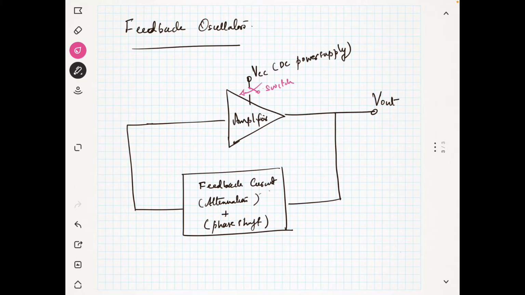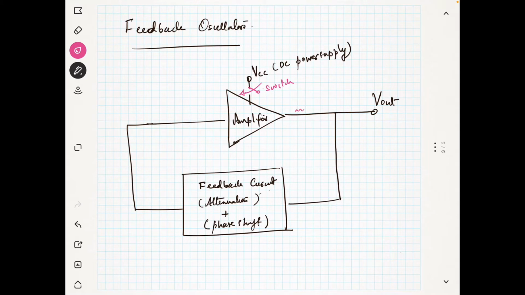This may be due to thermal noise from the resistors in the circuit. Resistances may sometimes produce thermal noise due to the temperature. Some disturbances will come into play, so some small output will be available.